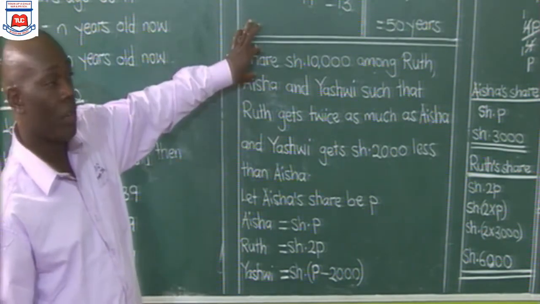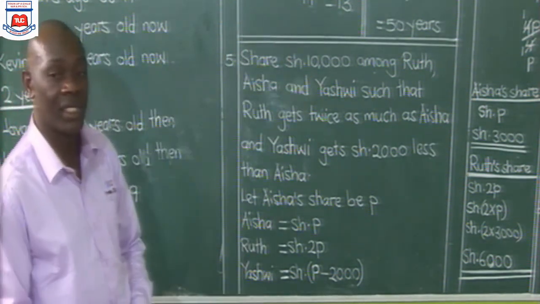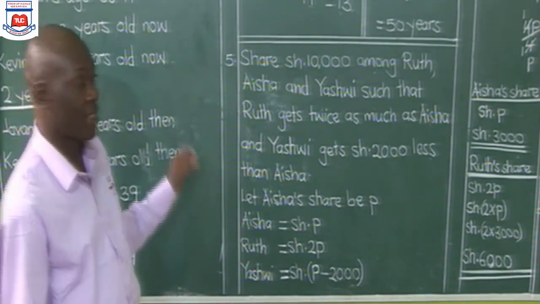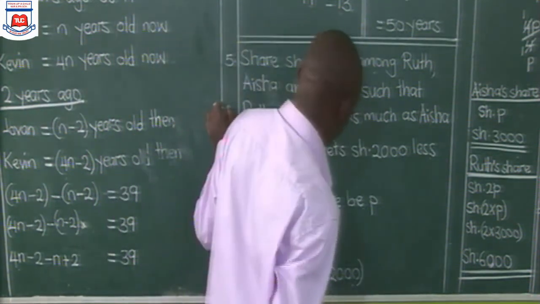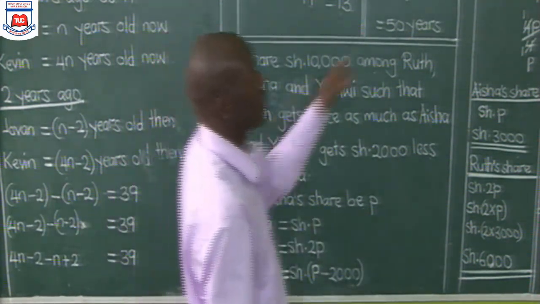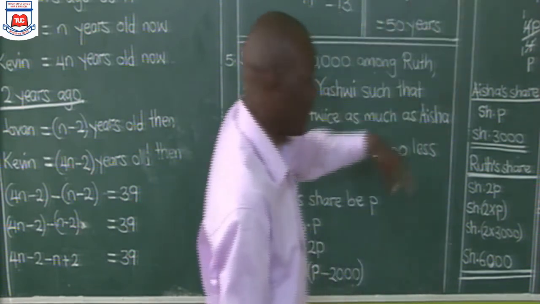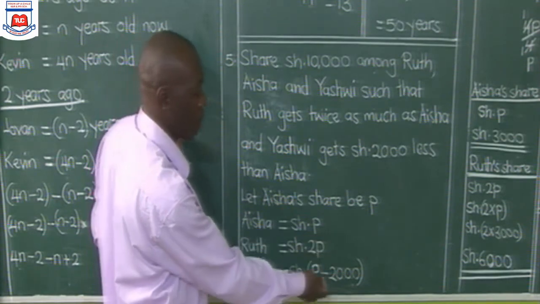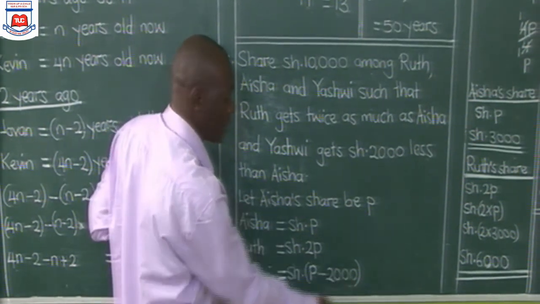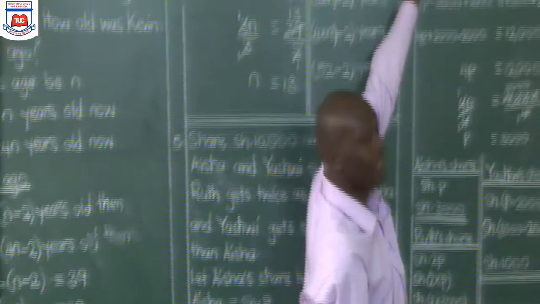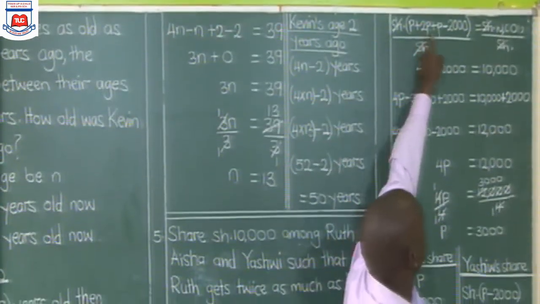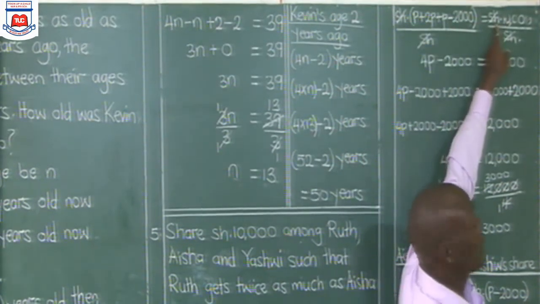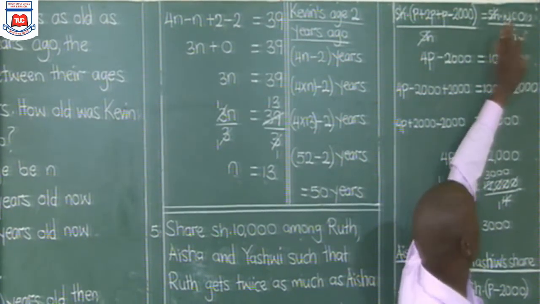Remember, these people altogether are sharing 10,000 shillings. Thus, bring an element of addition of all these people's shares. Since all of them are in shillings, write shillings outside here and form the equation that P plus 2P plus P minus 2,000, all are shillings, equals the total share, which is 10,000 shillings.